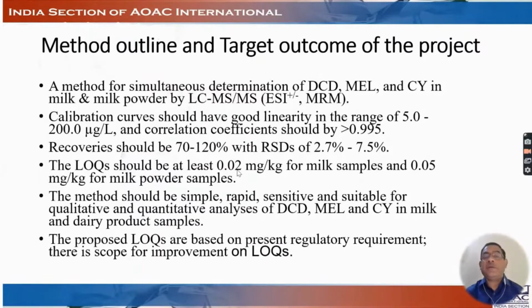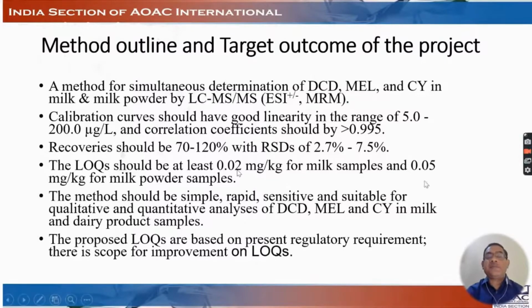So at first, we would like to establish the method for simultaneous determination of dicyandiamide, melamine, and cyanuric acid in milk and milk powder by LC-MS/MS. Both the major matrices will be covered.